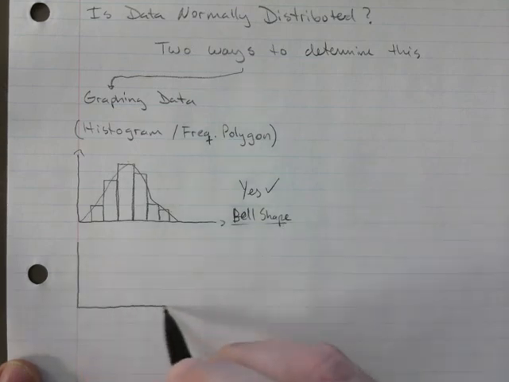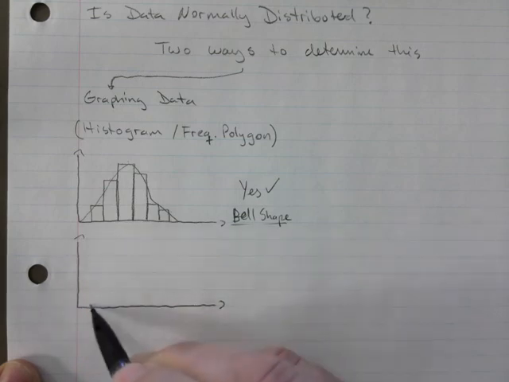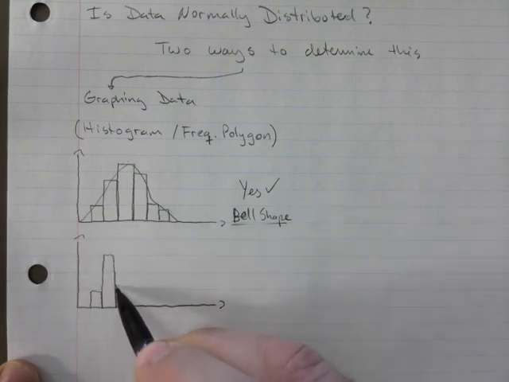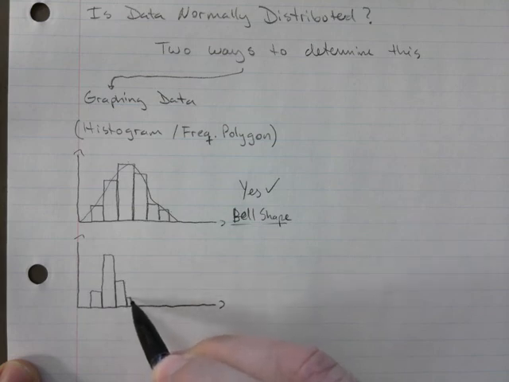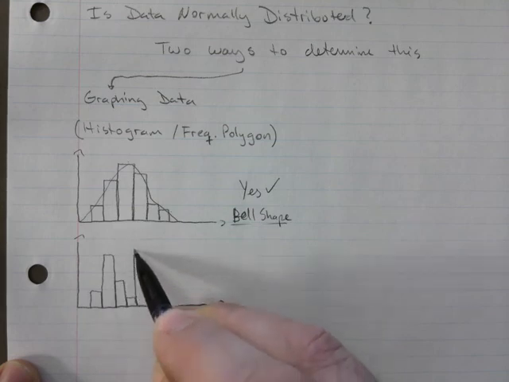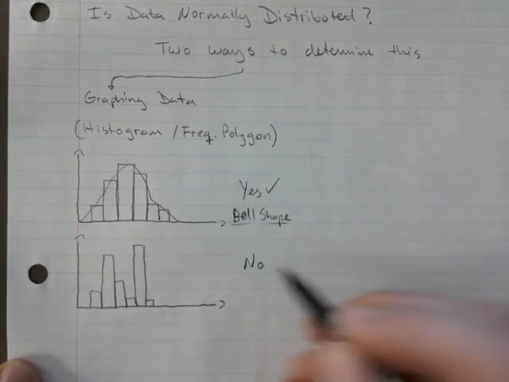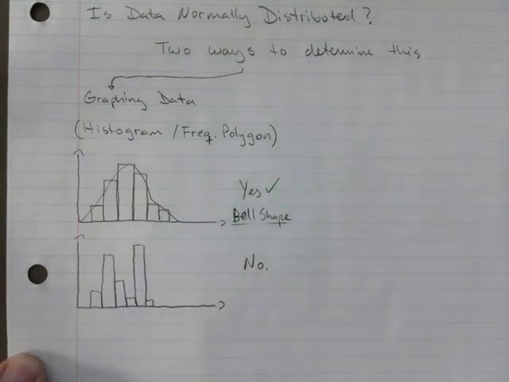If you have data like this, I'm going to exaggerate a little bit. Something like that. This would be a no. It's not symmetric.